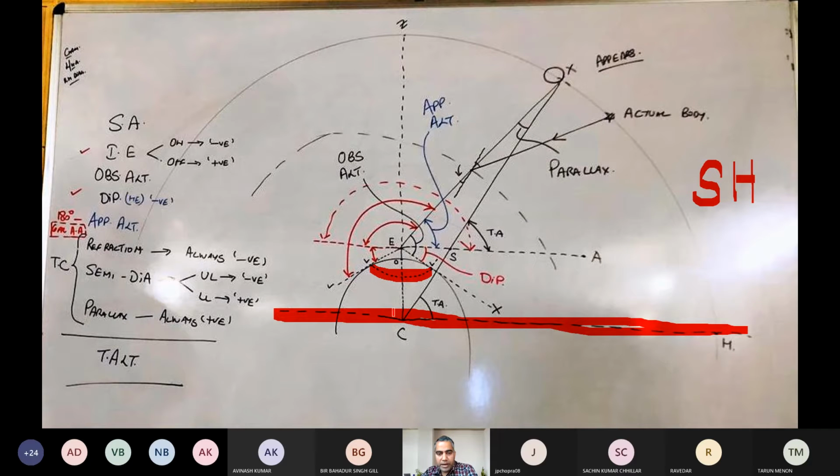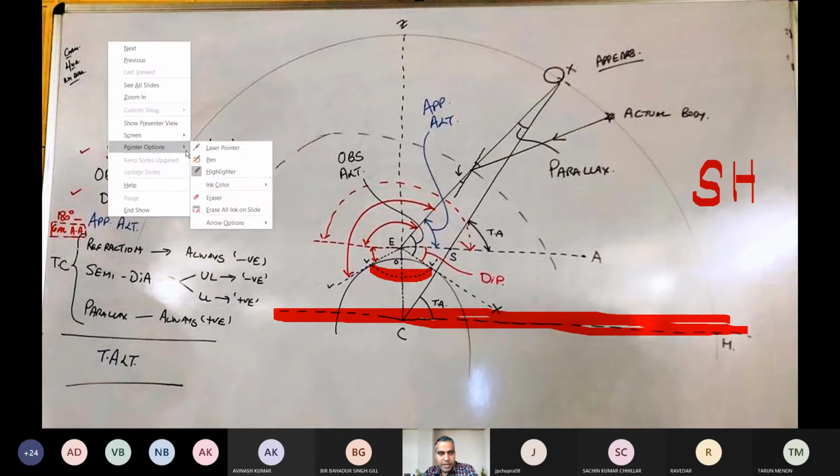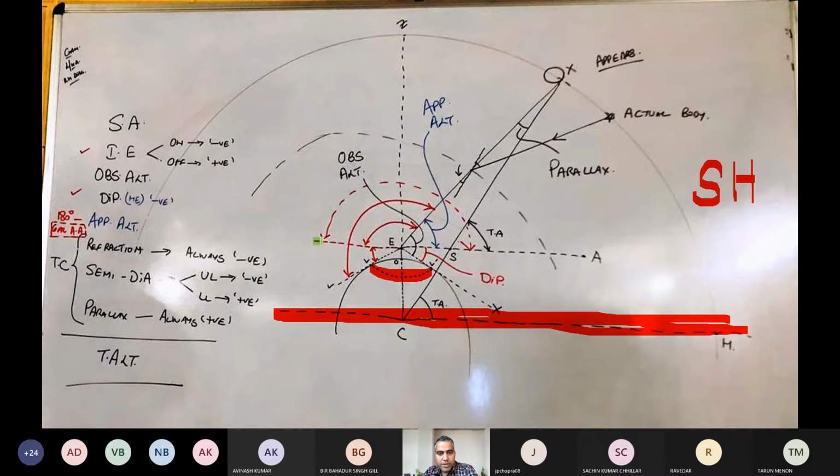So something which is parallel to rational horizon and passing from the observer's eye. Let me highlight it using green color. This plane which you see, it represents the sensible horizon. So this green color plane which we see is the sensible horizon.